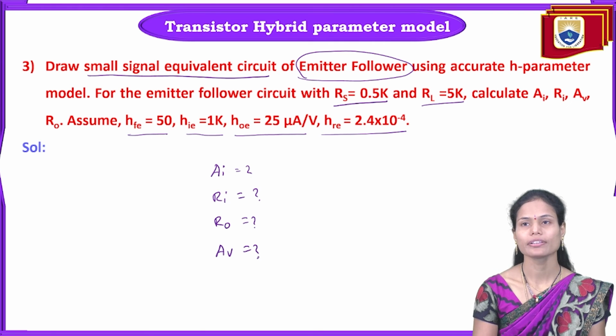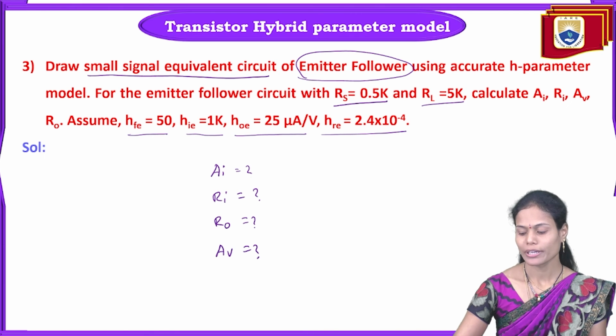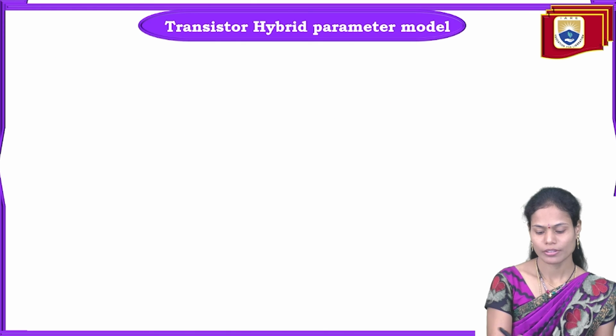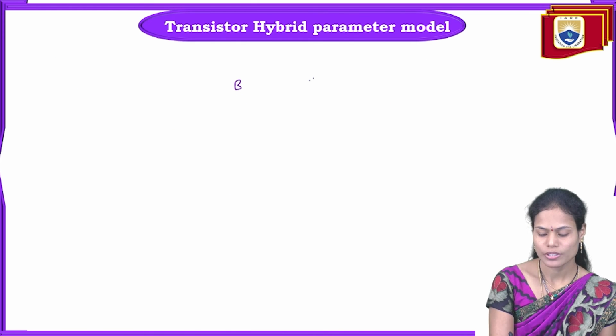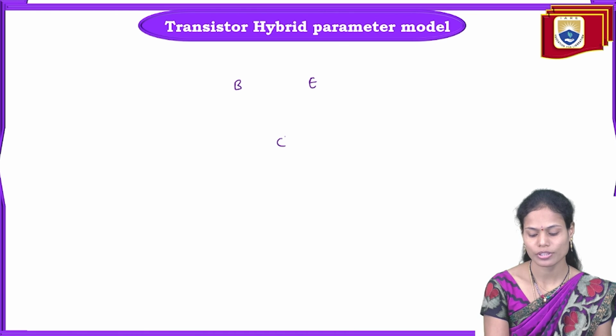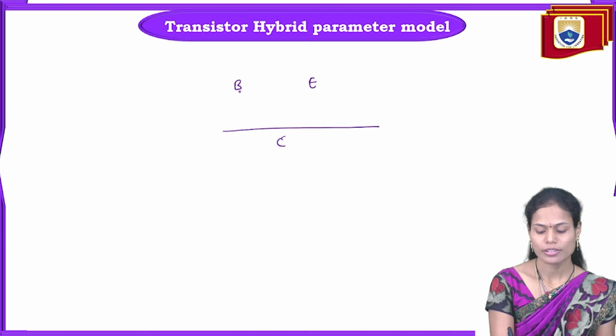Before calculating these values, first of all we have to draw the small signal equivalent circuit of the given common collector circuit. So for that I am taking the three terminals of the transistor: base, emitter and collector here. Because it is common collector, I am taking the collector as the common terminal.